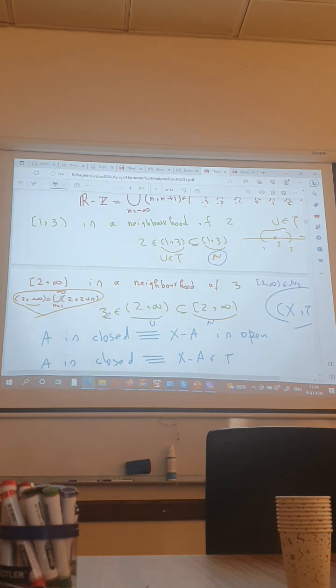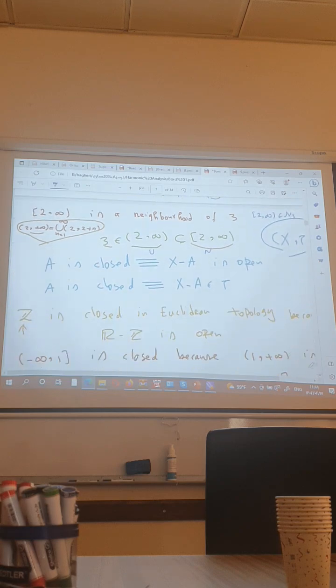Neighborhood of 3. And I recall that A is closed if and only if the complement of A is open. So that A is closed if and only if the complement of A belongs to the topology, because these two are the same, okay? For example, Z is closed in Euclidean topology because we see that the complement of Z is open, so that Z is closed.